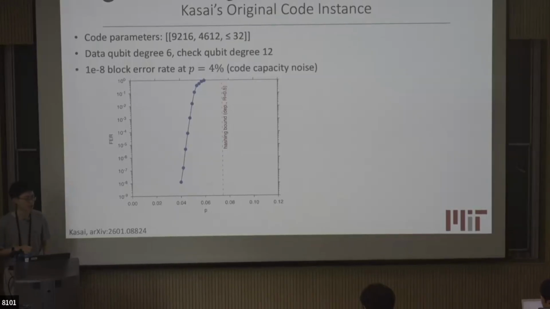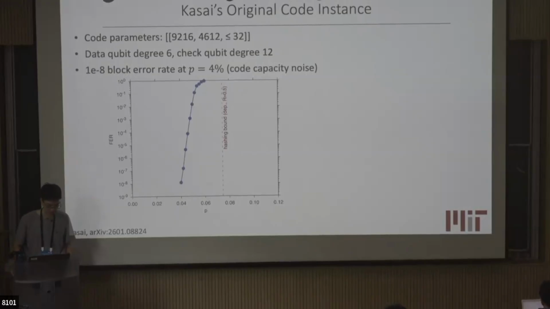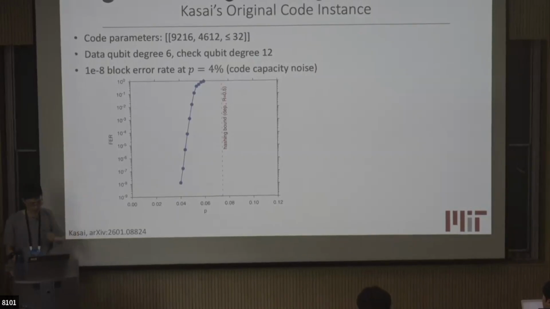This is actually quite nice, right? Because 12 is a factor of 2 of 6. So it's also nice for designing circuits. And what he showed is that under a code capacity depolarizing noise model, you can get to 10 to the minus 8 block error rate at 4%, which is quite good if you compare against many other instantiations.